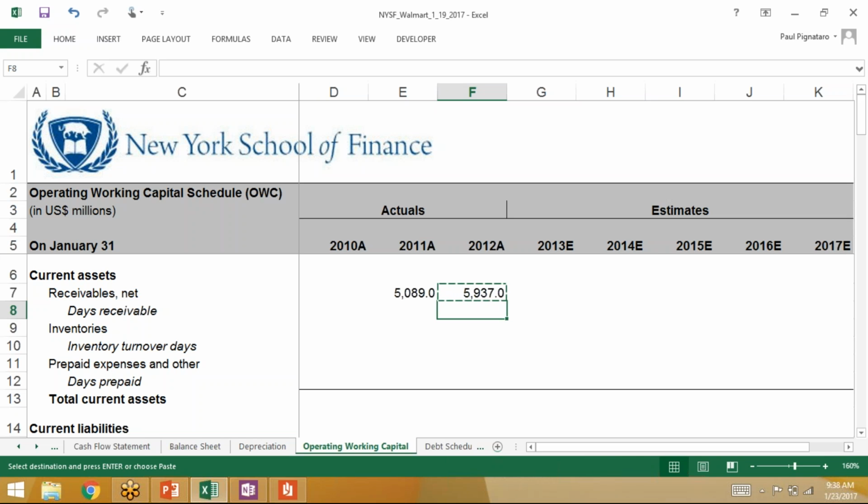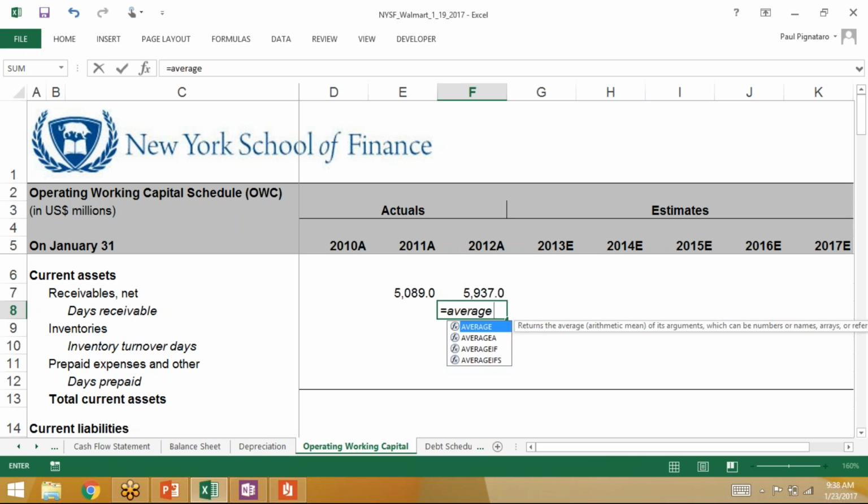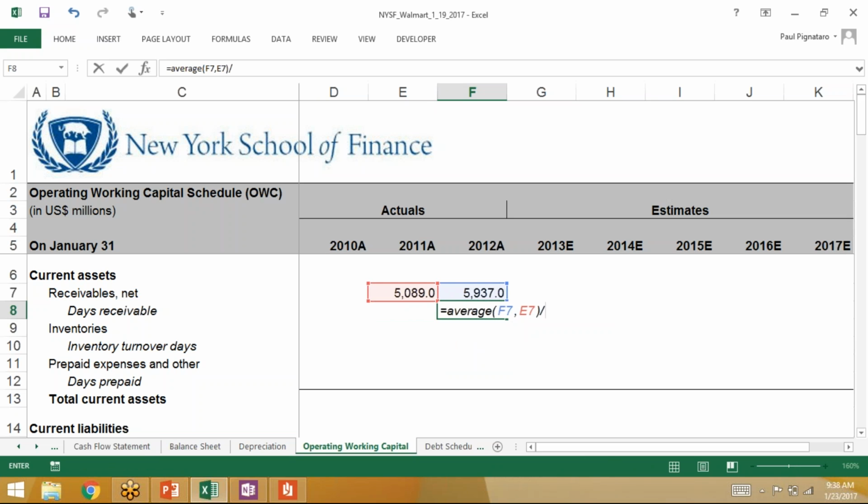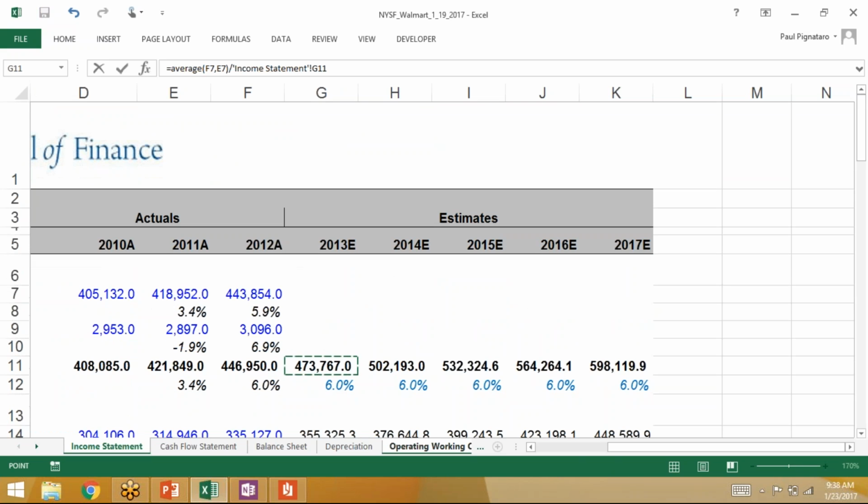Okay, so I'm going to put in F8 equals average, open parentheses, that's the average formula, F7 comma E7, divided by revenue in 2012, times 360.